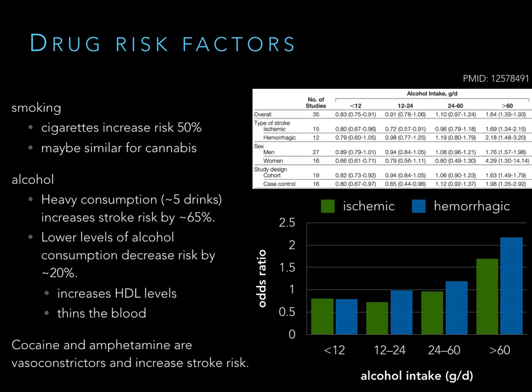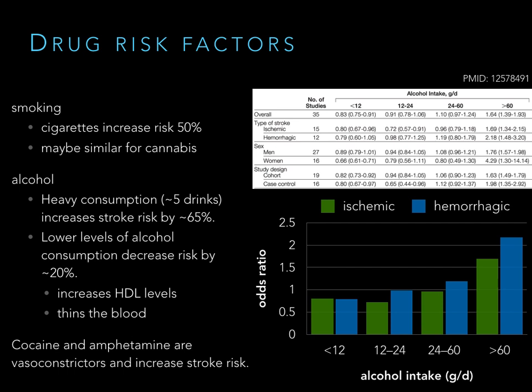For example, if you look at the sort of middle of the table here, we can see as we move from left to right, where we're increasing our alcohol intake, women don't appear to have any increased risk until they consume about 5 or more drinks per day. For men, it's about the same, but women have a much greater increased risk at 5 drinks per day.